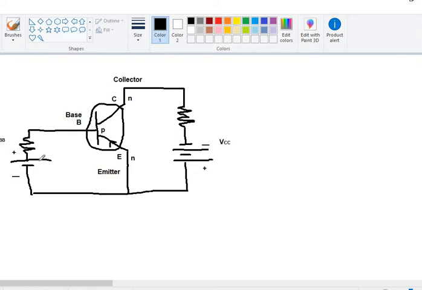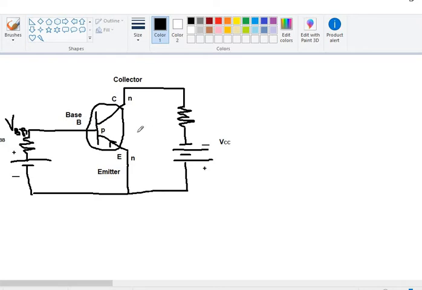Moreover, the power is supplied to the input, and that power supply is denoted by VBB, V with subscript B and B, double B, right? So the voltage source applied to the base or the input is denoted by VBB.